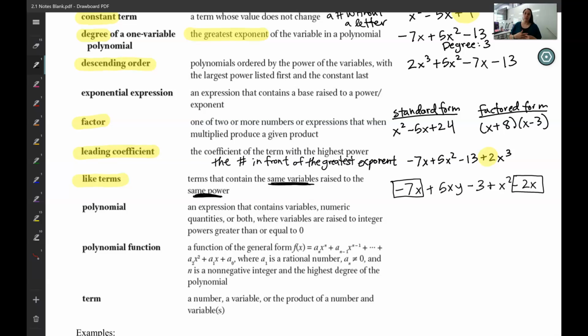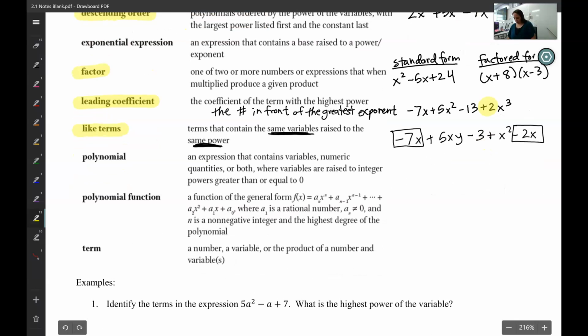So I could combine those two like terms, but can't combine any of the rest. A polynomial is something I've been saying quite a bit now. A polynomial is anything raised to a number power. So, the example I do for this one, x cubed versus 3 to the x. This is not a polynomial. Polynomials have to have number exponents. If you have a letter exponent, that is not a polynomial.